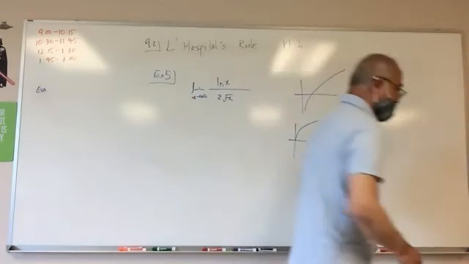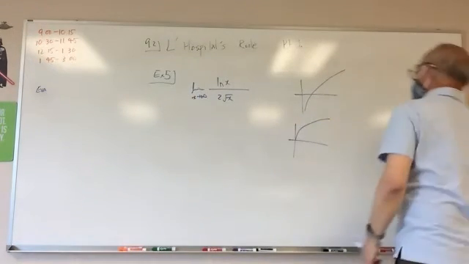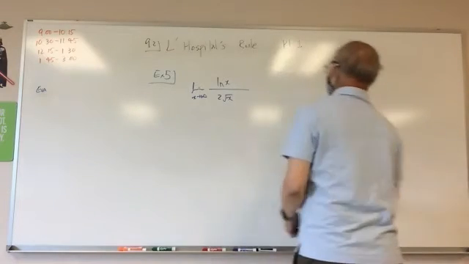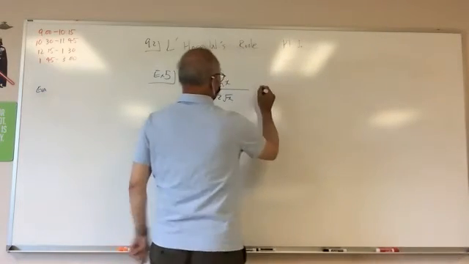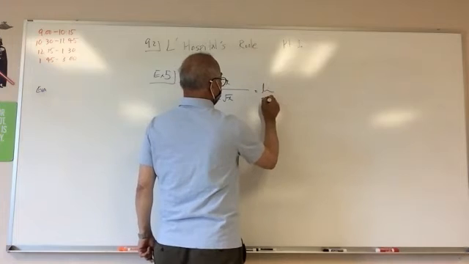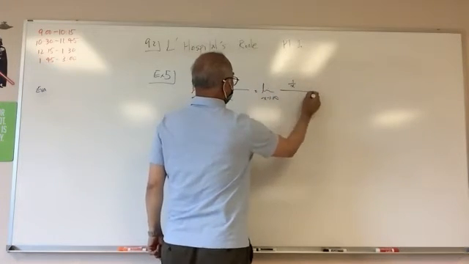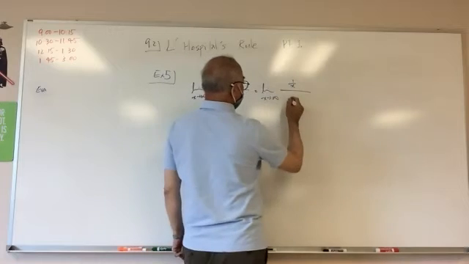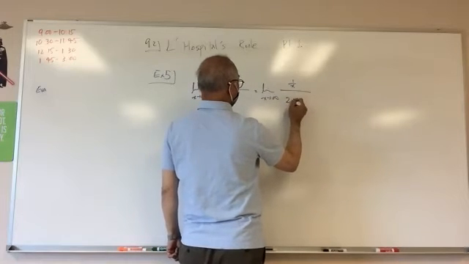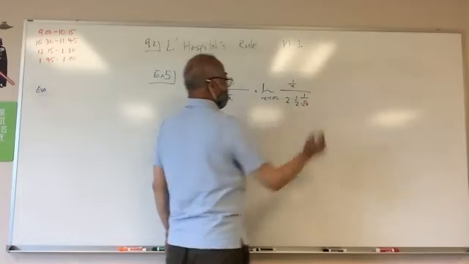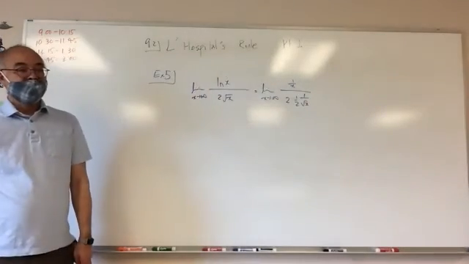So let's go ahead and take the derivative of the top and bottom. As x goes to infinity, the derivative of the top is 1 over x. The derivative of the bottom is 2 times 1/2 over square root of x.